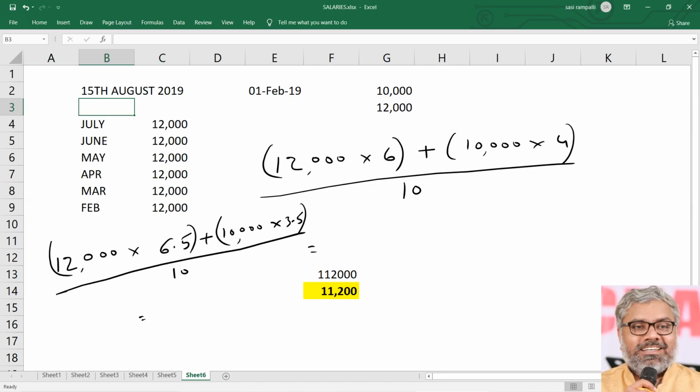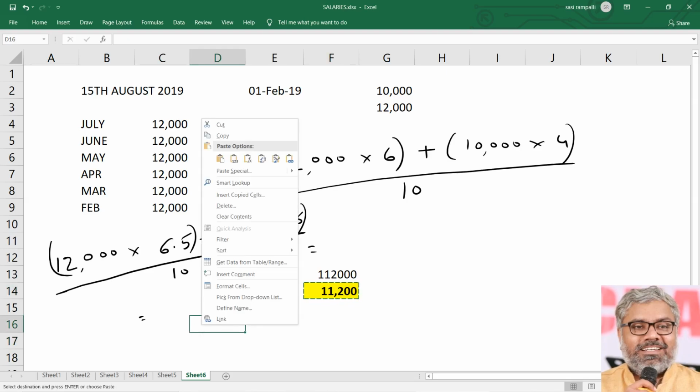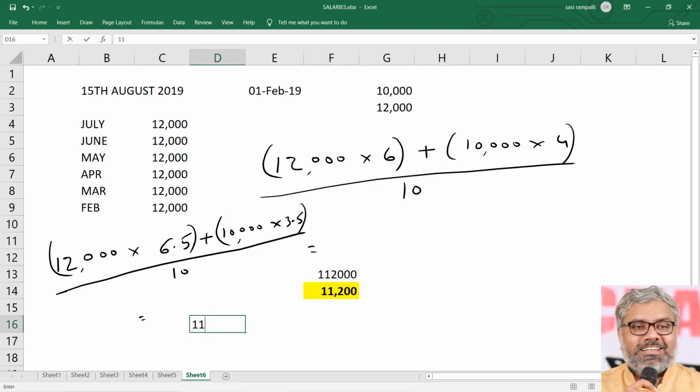Now the calculation is different. So do this calculation separately. 12,000 into 6.5, plus 10,000 into 3.5, divided by 10. That comes to 11,300.